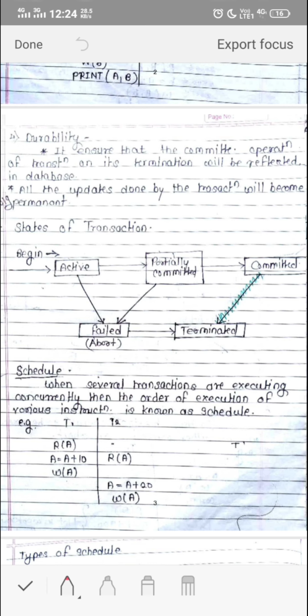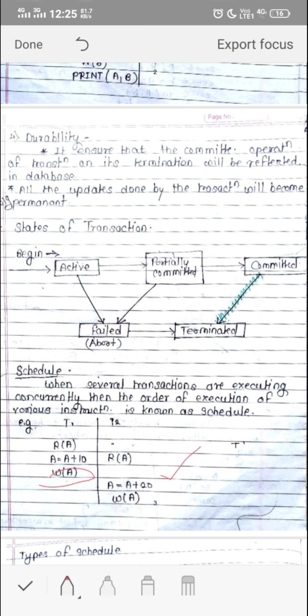Then again I am reading the value of A, and at the same time the transaction T1 is writing the value of A. After writing the value of A, again I am crediting rupees 20, and then again I am writing the value of A. So this is nothing but one schedule. You will have a very clear idea once we move forward. So this is all about the schedule.